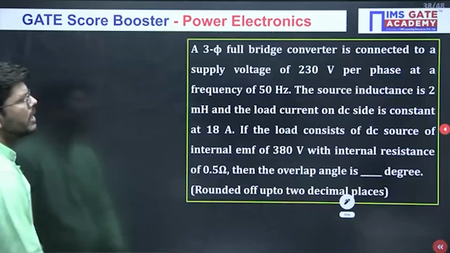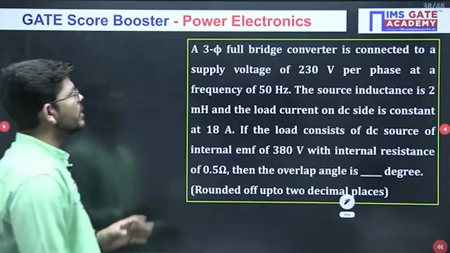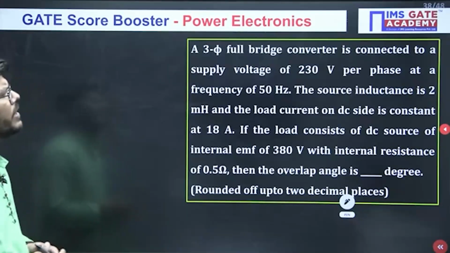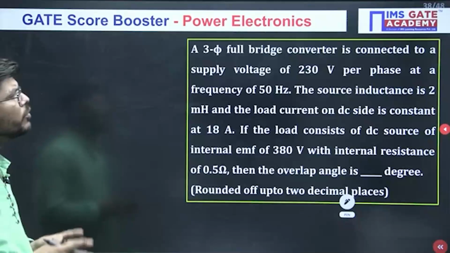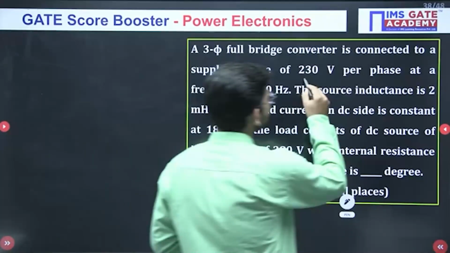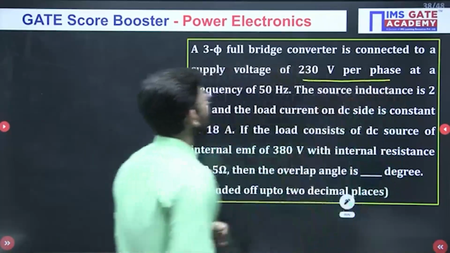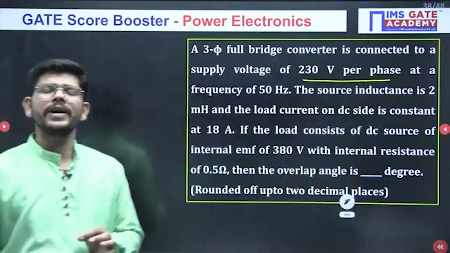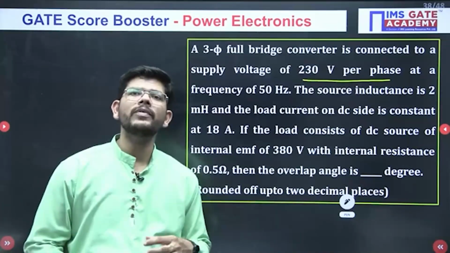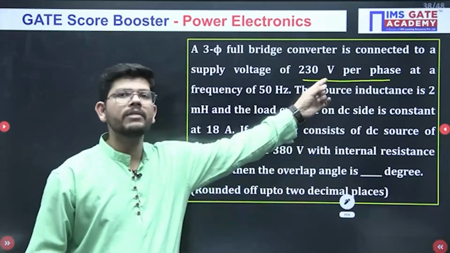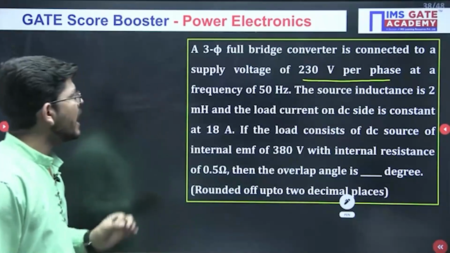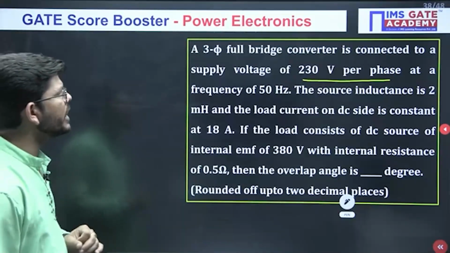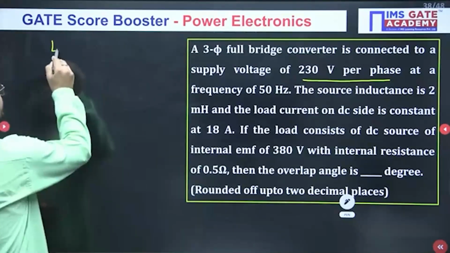Now let me have another question. A three-phase full bridge converter is connected to a supply voltage of 230 volt per phase. Do not forget this, per phase. Normally in three-phase, supply is given in terms of line quantities, but here they have given it in terms of phase quantities. At a frequency of 50 hertz, the source inductance is 2 millihenry.